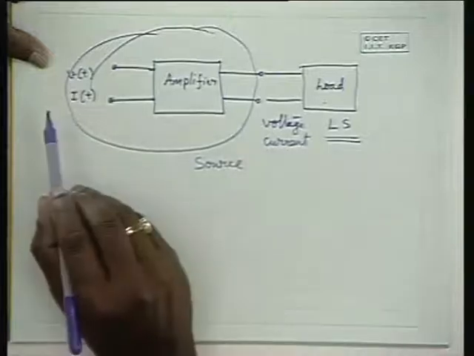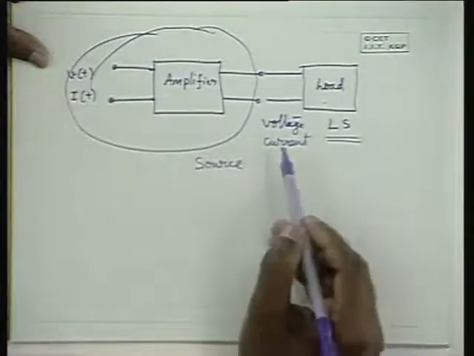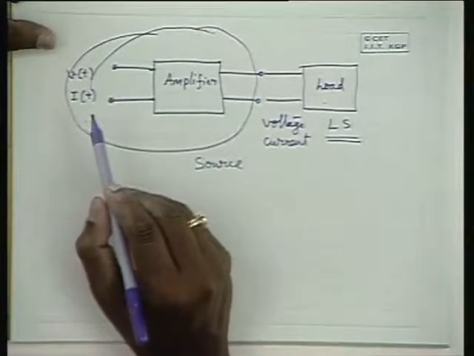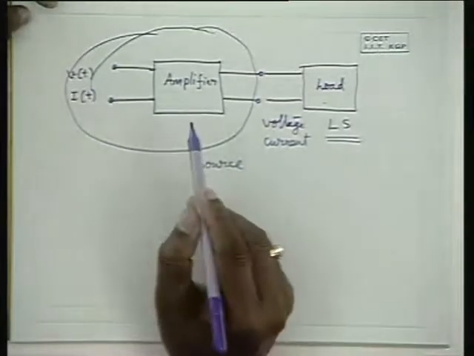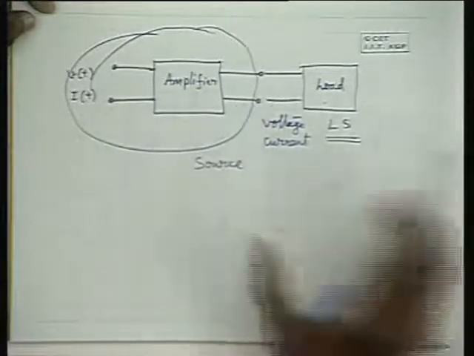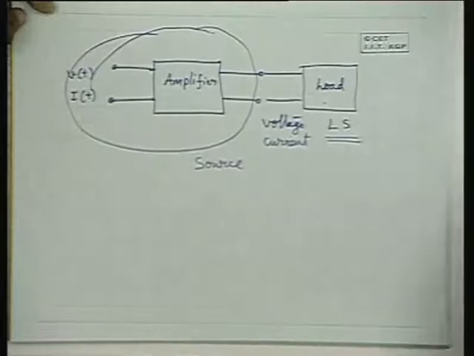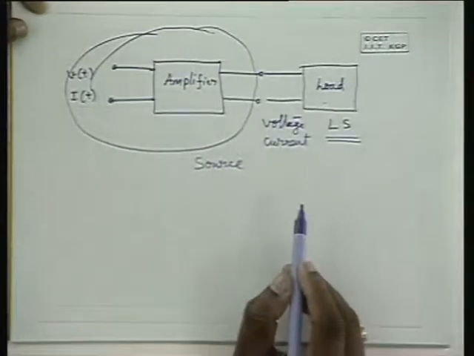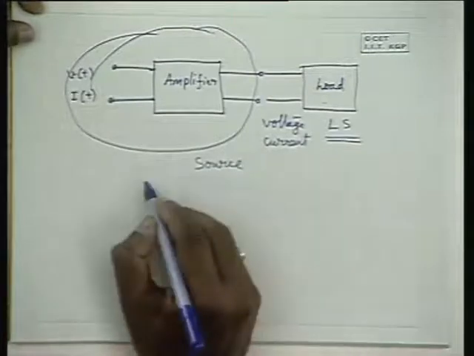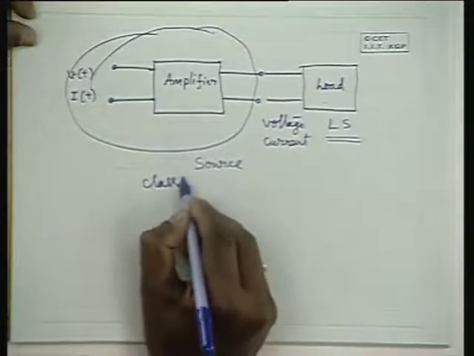The gain of the amplifier in that case is current divided by voltage, which has the units of an admittance. Hence, it is known as a transadmittance amplifier. So by this classification, you have different combinations possible, and let me give you that classification.